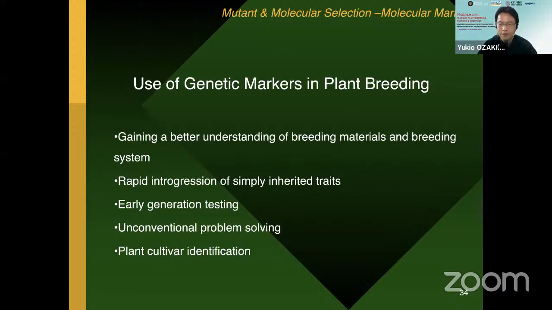Molecular markers can be especially useful in identifying markers that co-segregate with quantitative trait loci to facilitate the breeding of polygenic traits. Second, rapid integration of simply inherited traits.